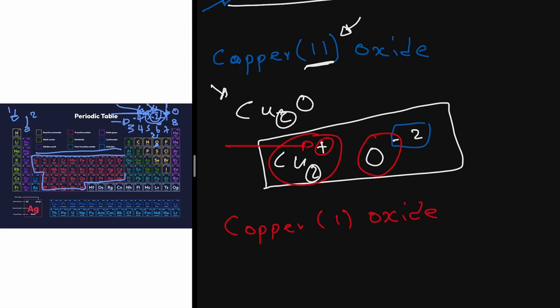So we also have 2 special transition metals that do not have this type of Roman numerals. For example, zinc is also a transition metal, but zinc only has 2 positive ions. It only has those. It does not have any other type of positive ions.